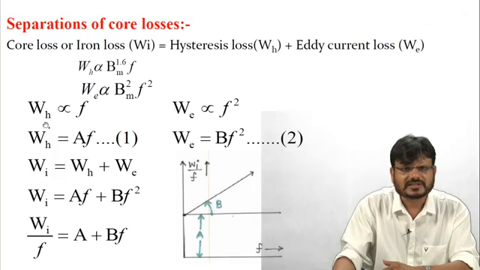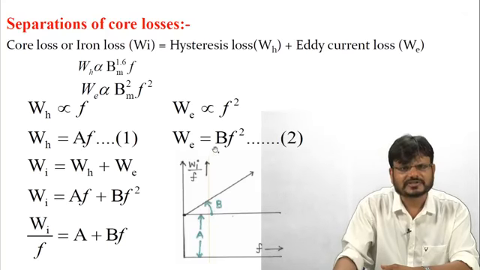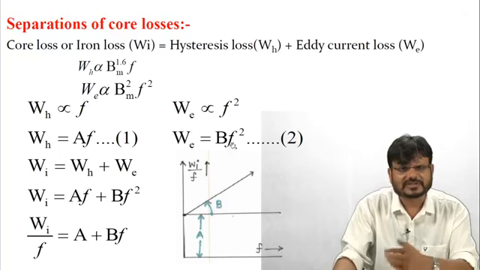So WH is directly proportional to the frequency. Replacing the proportionality constants, you can write WH equals AF and WE equals BF squared.